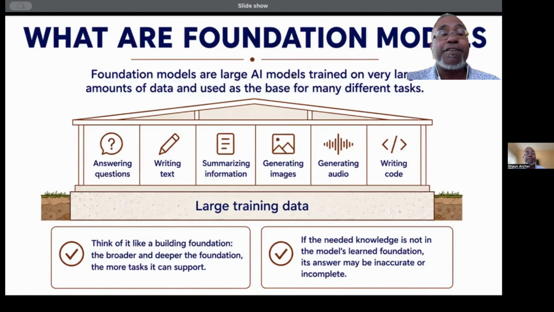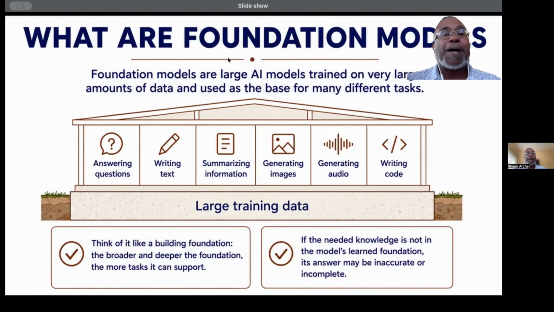When I say very large, there are foundation models that have been trained on the entirety, or at least they say they've been trained on the entirety of the publicly available internet. Like everything that's available to the public, they know they've been trained on. All right, so we teach that brain all of that information. That's what training or model training is.